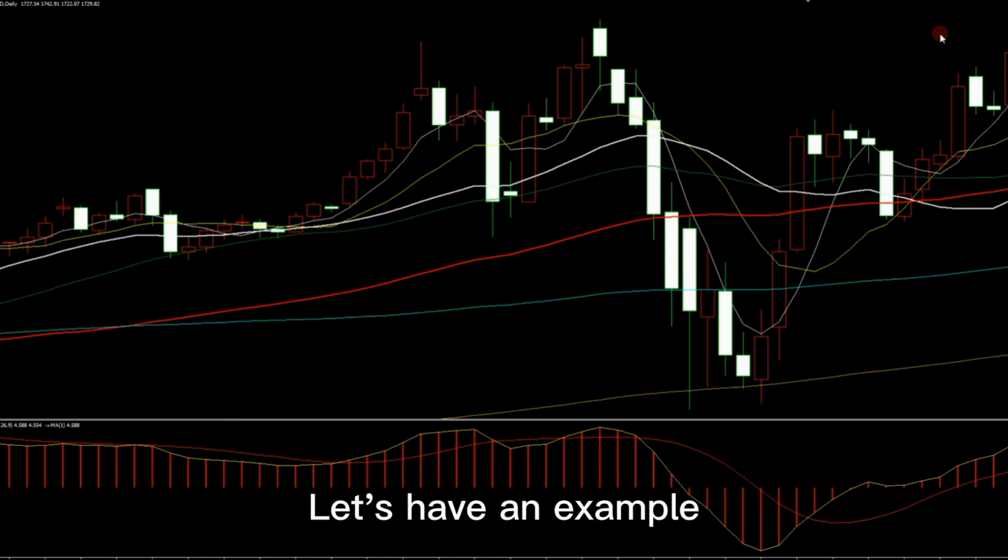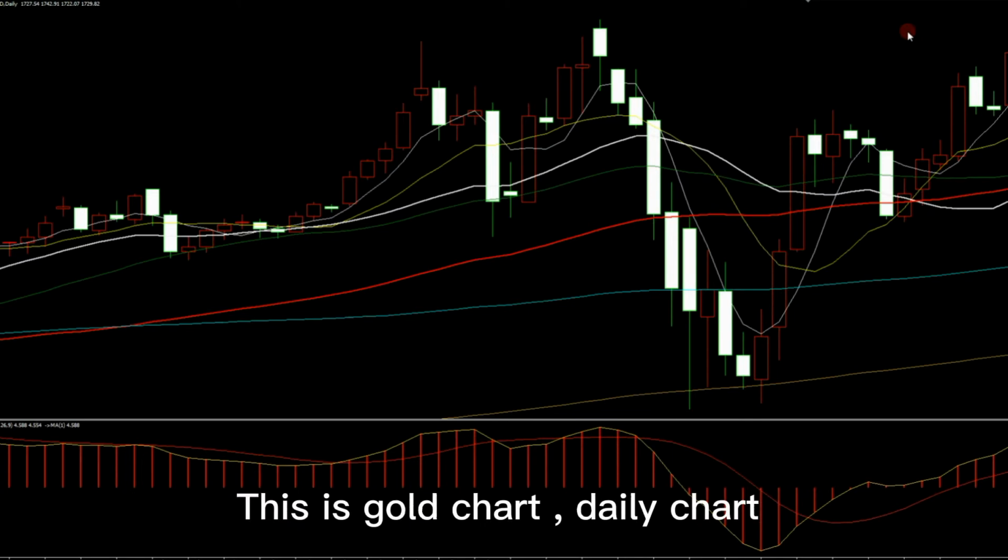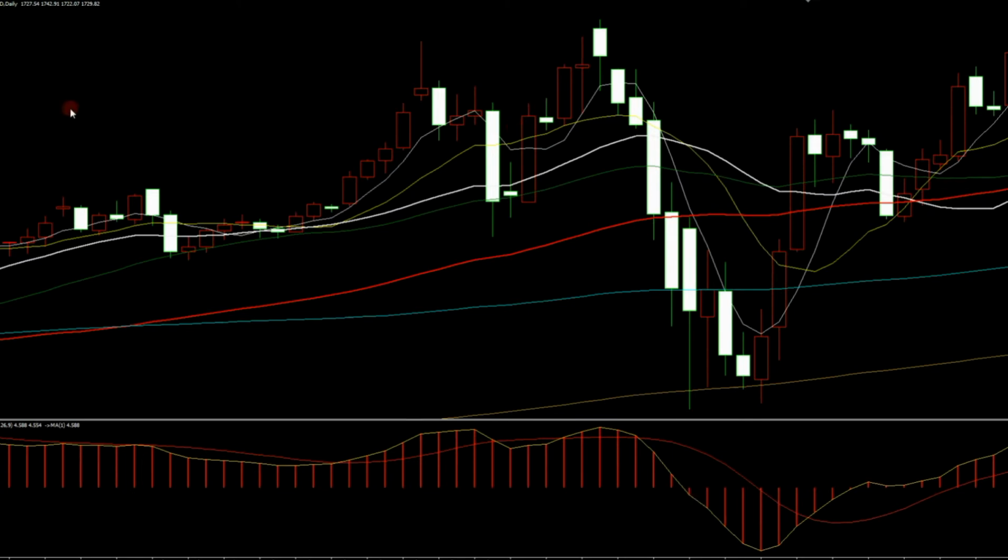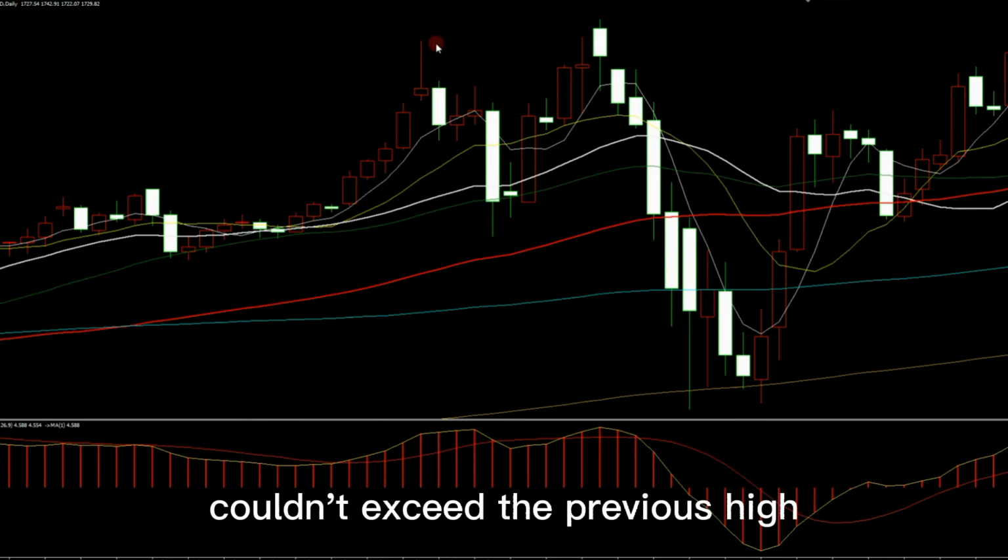Let's have an example. This is the gold chart, the HAU USD daily chart. At this position, the candlestick couldn't exceed the previous high.